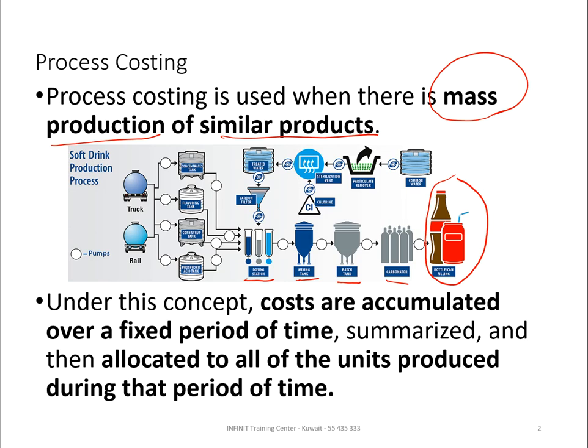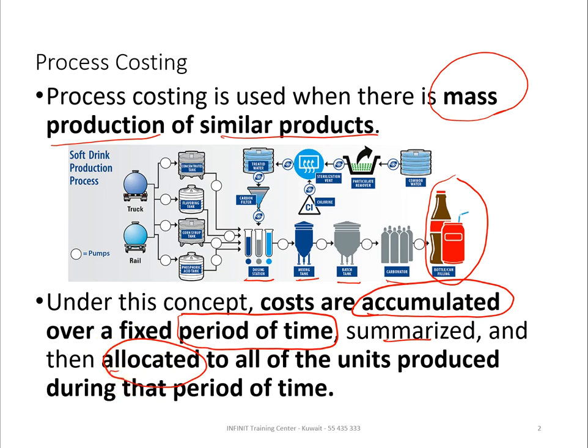of the same product. So what you have to do is accumulate all the cost for a period of time. It can be for a day or for a month or for a year. You accumulate all the cost for a particular period, then summarize it, then allocate that cost to the number of units produced.